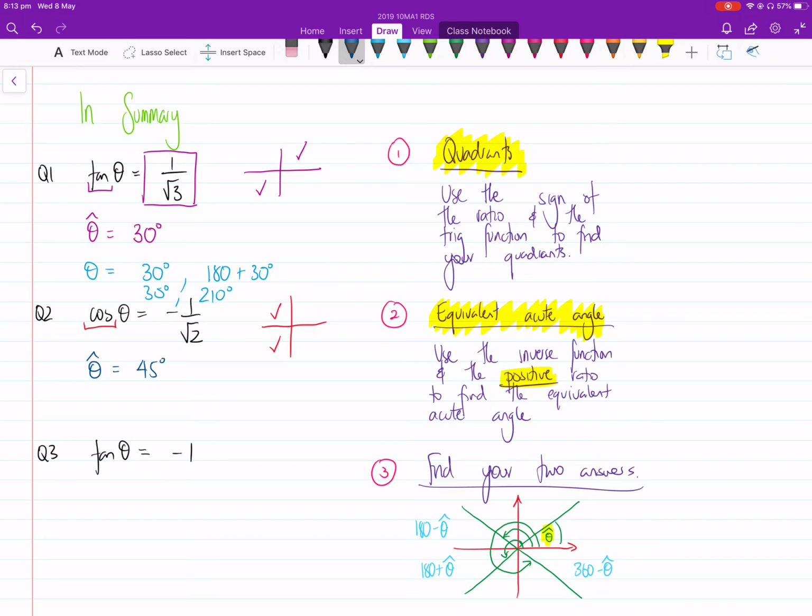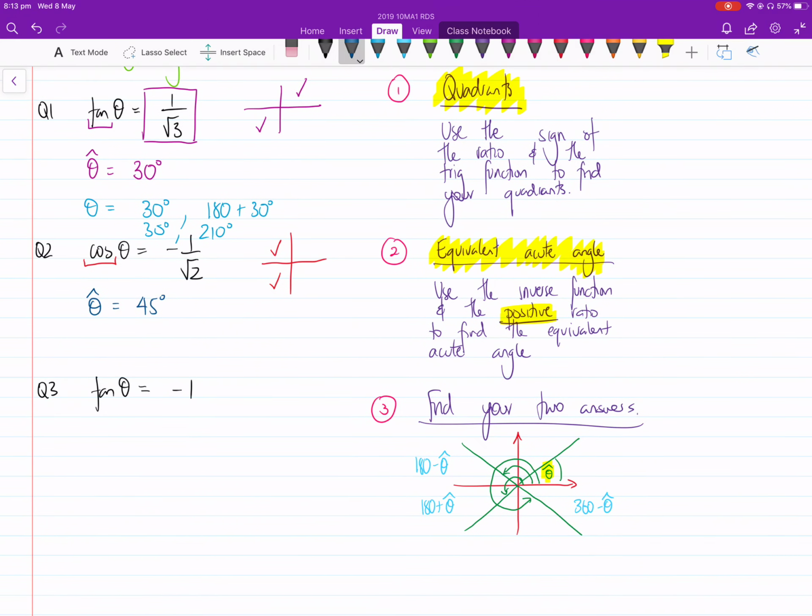But we can use inverse cos and our calculators to find that out if we need to. But to find my answers, one in the second and third quadrants, theta is going to be equal to 180 minus 45 and 180 plus 45. So it's going to be 135 degrees and 225 degrees.